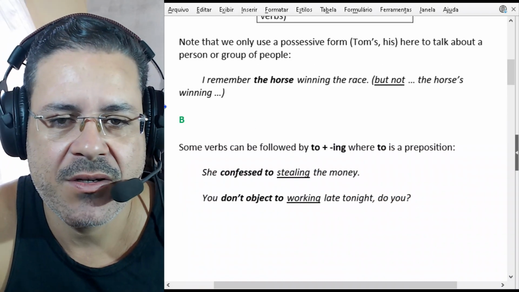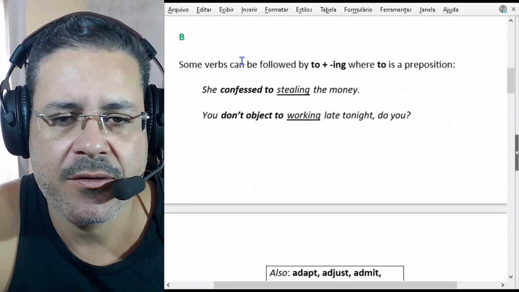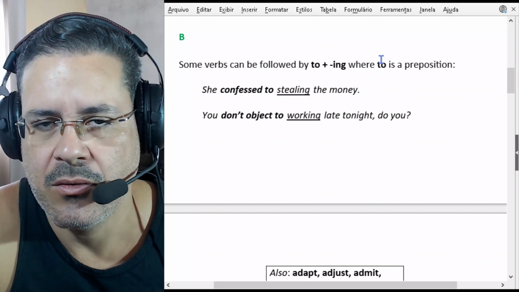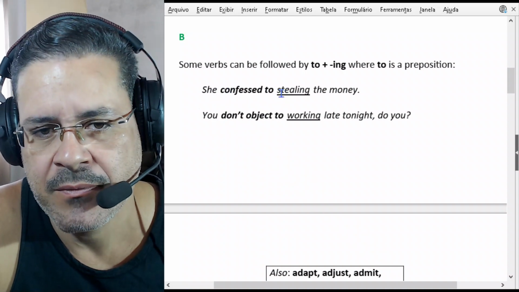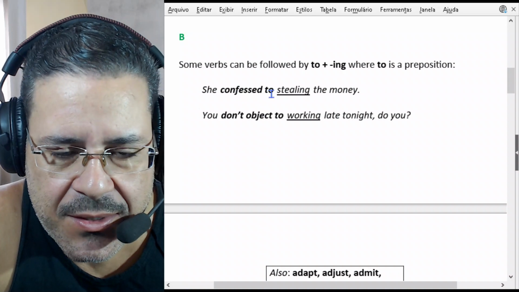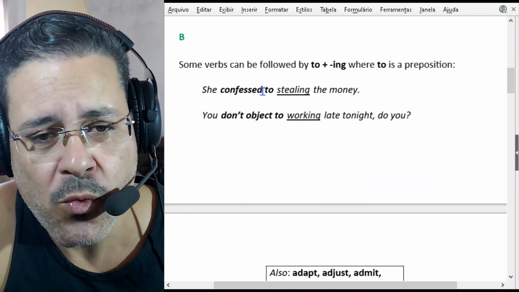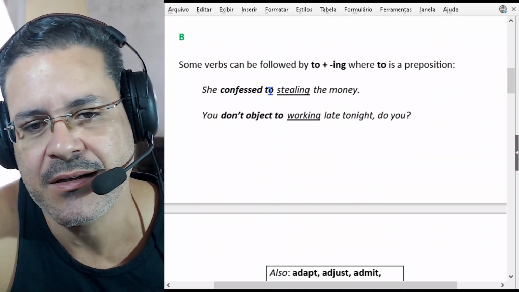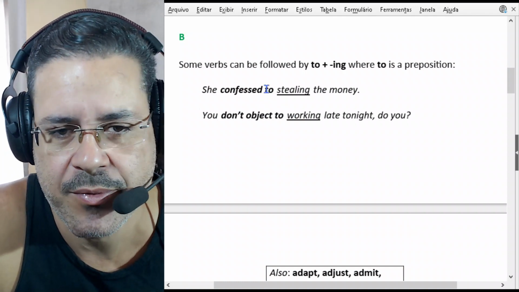Okay, moving on. This is section B of the lesson. Some verbs can be followed by to plus ing, where to is a preposition. For example, she confessed to stealing the money. Again, she confessed ends with a final t sound, but we've got a subsequent t sound at the beginning of the next word, the preposition to.